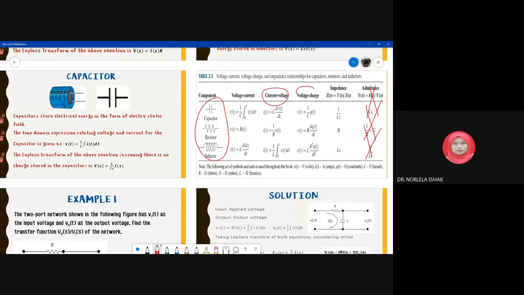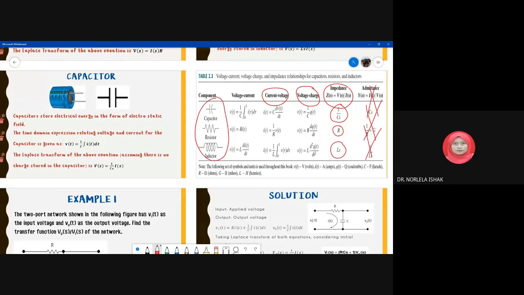This is the relationship between voltage and charge, and the last one is impedance. The impedance is labeled Z, which is V over I. For the capacitor, the impedance is 1 over CS. For the resistor, the impedance is R, and for the inductor, the impedance is LS.